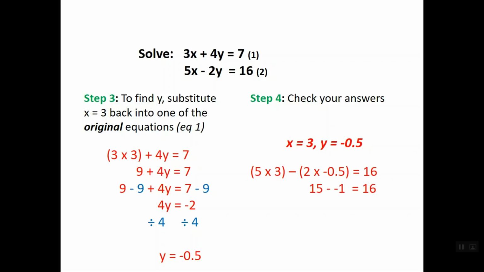So now I have 15 minus negative 1 equals 16, which gives me 15 plus 1 equals 16. Checking my left hand side now, 15 plus 1 equals 16, which means that my left hand side is equal to my right hand side. So therefore my answer is correct.